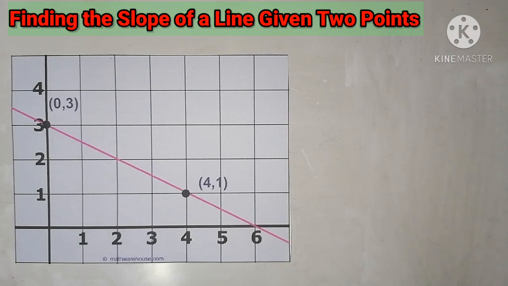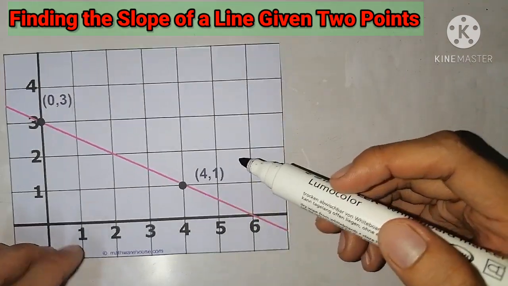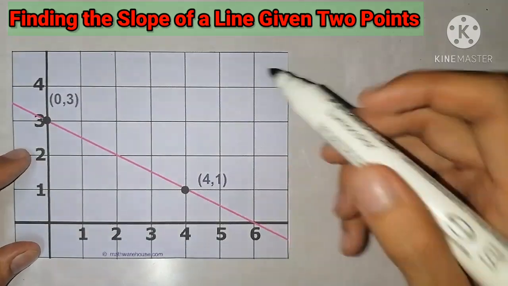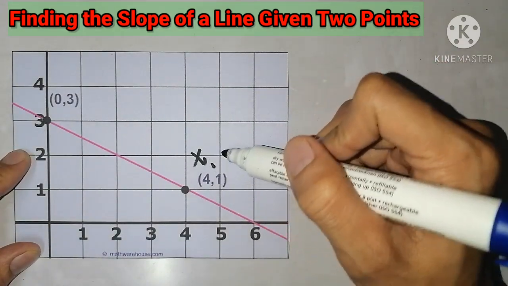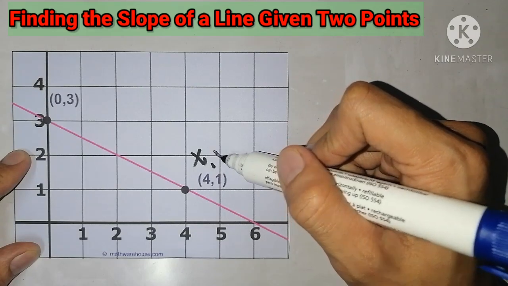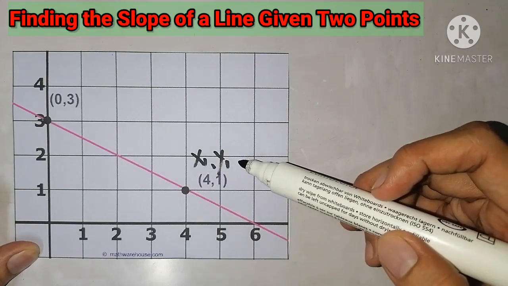So it means that we need to assign the coordinates as x sub 1, x sub 2, y sub 1, y sub 2. But how to assign? So in this example, say for example we have (4, 1). So this (4, 1) will be assigned as x sub 1 and the other coordinate as y sub 1. So you have to write first the x, then the y.